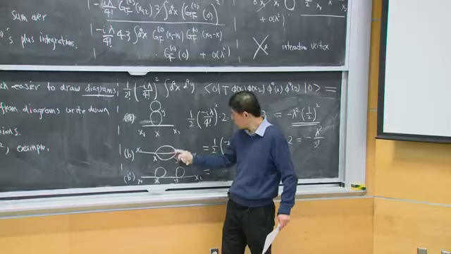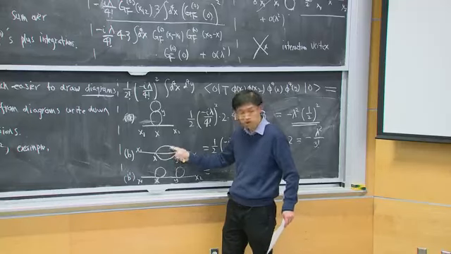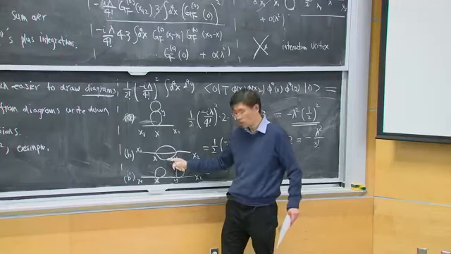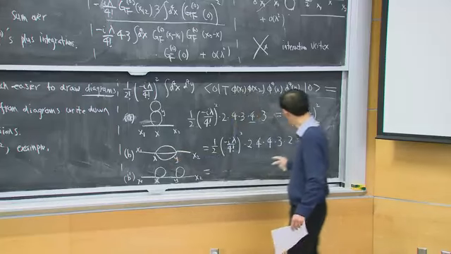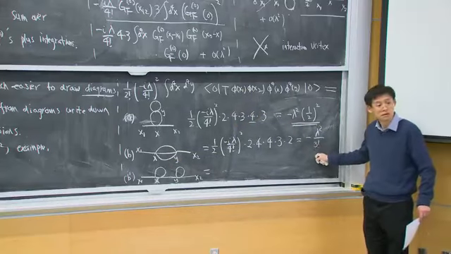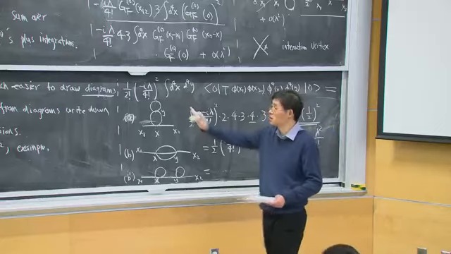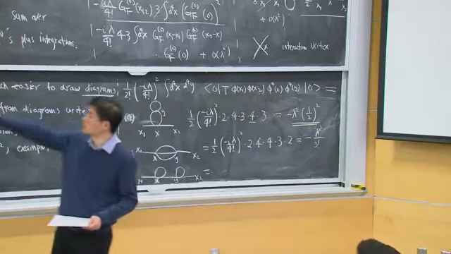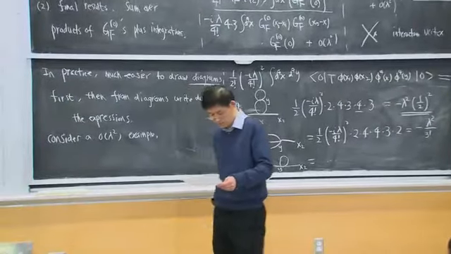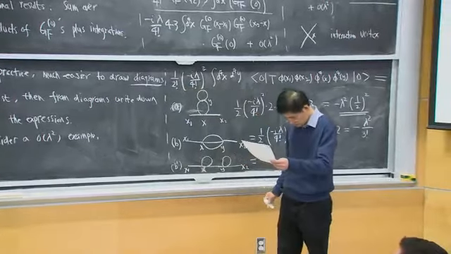But between x and y there are 3 legs which are symmetric. When we permute these 3 legs, we get 3 factorial. Similarly, I leave it as an exercise for you to do the other diagrams.